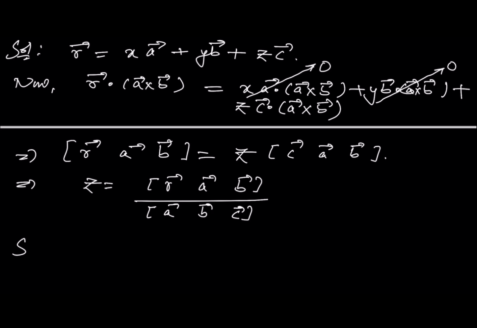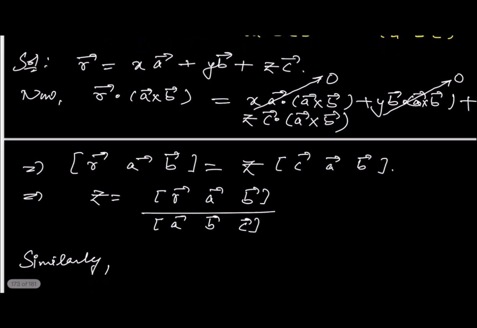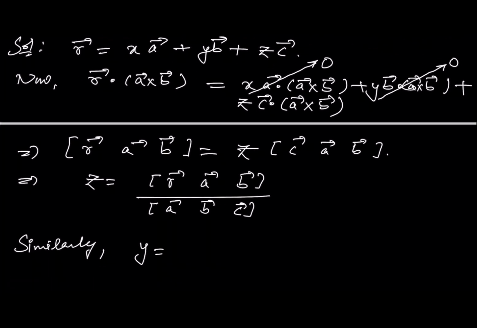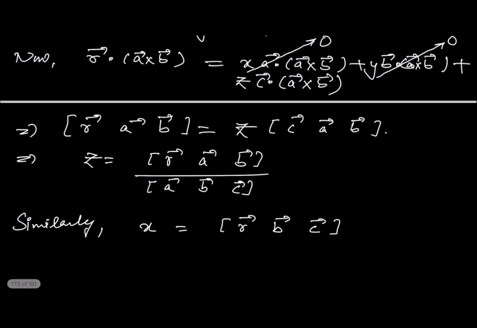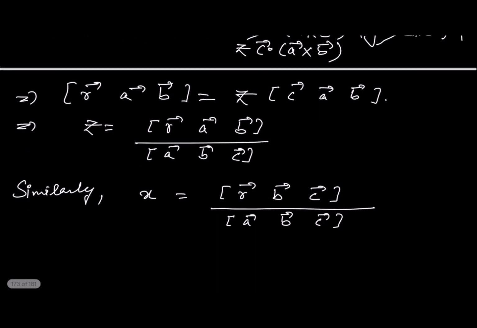So similarly I can say y will be box RCA upon box ABC, and x can be box RBC upon box ABC after taking dot product with B cross C. Okay.